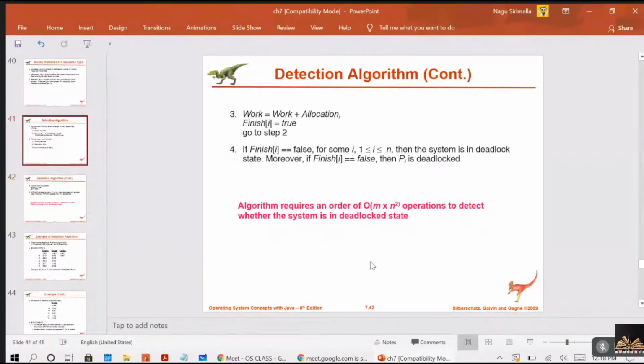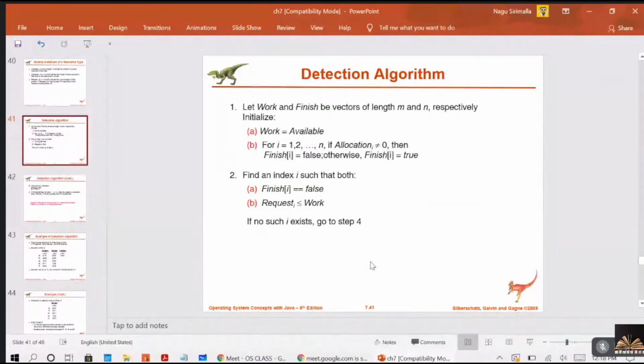Just read down the steps, understand the steps, right? With this algorithm, you will be able to identify that there is a deadlock with a larger number of instances. Single instance is simple: I make the wait-for graph, and if the wait-for graph has any cycles, then there is a deadlock.